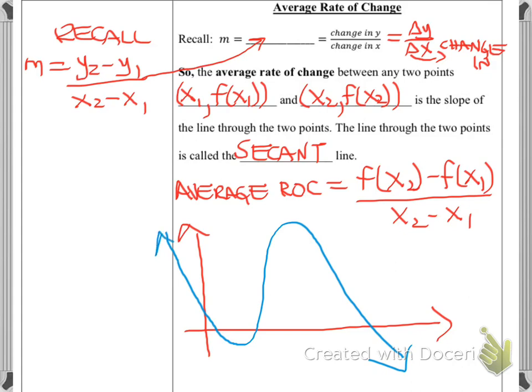Let's say I'll pick this point and this point. They're usually points close together, and you'll understand that better when you move on to applied calc. This is sort of an intro to this, but the average rate of change, so if you draw a line through those 2 points, this is your secant line, and the average rate of change is just the slope of that line. It's the slope of your secant line, okay?